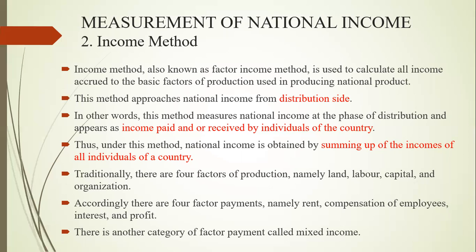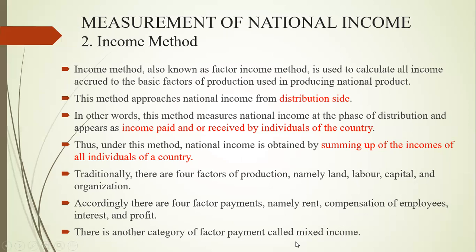On behalf of these 4 factors of production, individuals get rent, compensation for their labor, interest and profit. So people get income in these 4 ways.